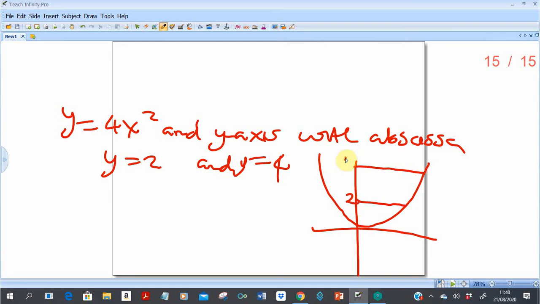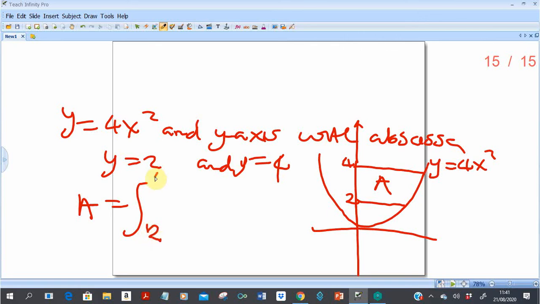This is your 2, that's your 4. This is the region that you're looking for. This is our y equals 4x squared. Now, this is a case where you have 2 points of y, so you need an x function. You have to change the subject of the formula to x, because your area should be given by the integral over the 2 points of y, which are 2 and 4, of x dy. So please solve.